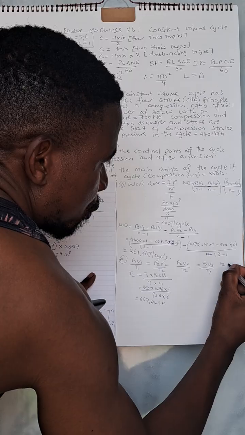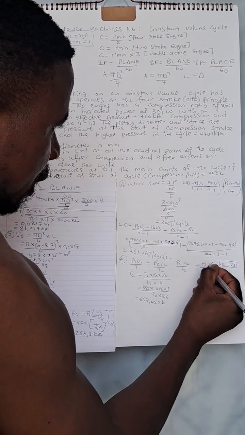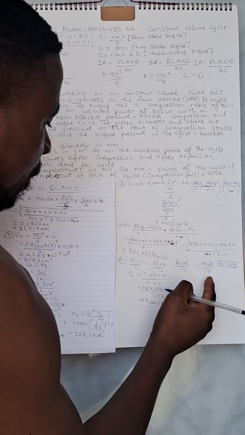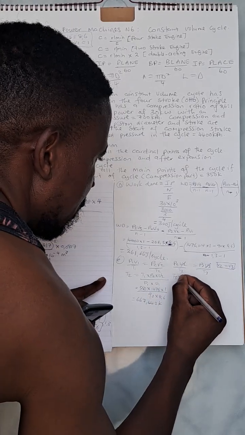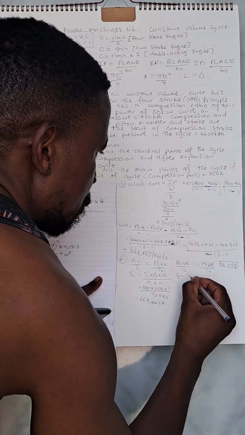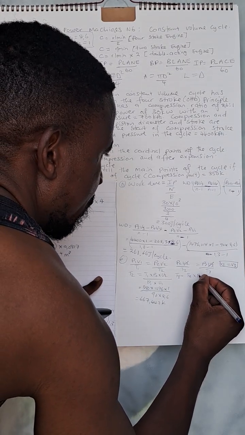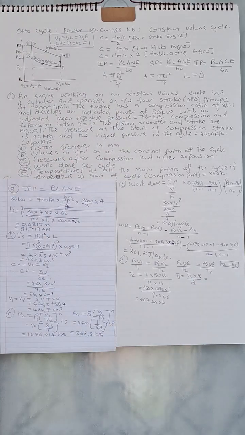So if V2 is equal to V3, we take this out. From there, we make T3 the subject of the formula. T3 equals T2 times P3 over P2.